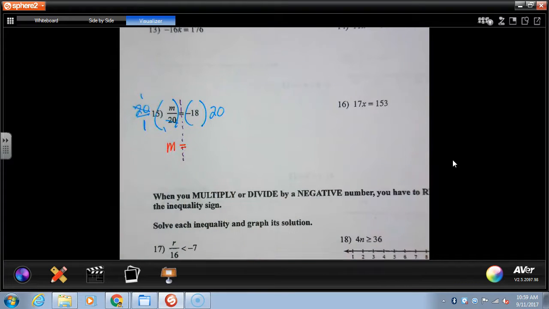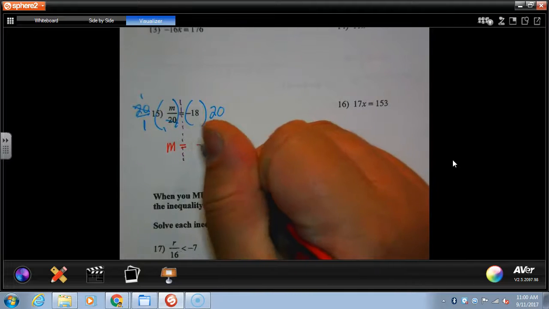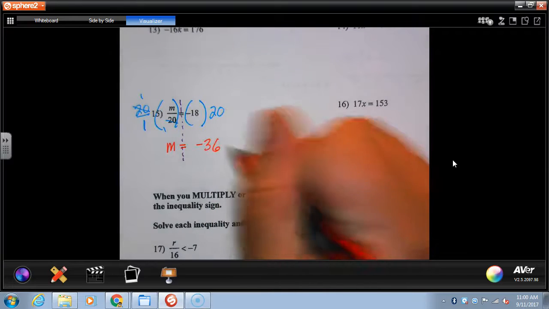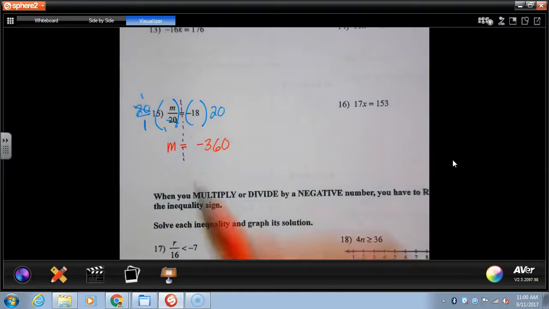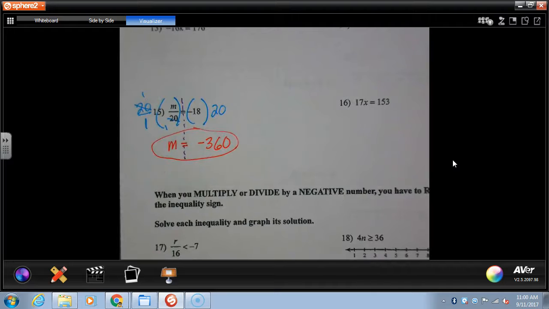Negative 18 times 20. For those of you who just don't want to get a calculator, what's negative 18 times 2? 36, right? Negative 36, and then just add the 0. Pretty easy, right?